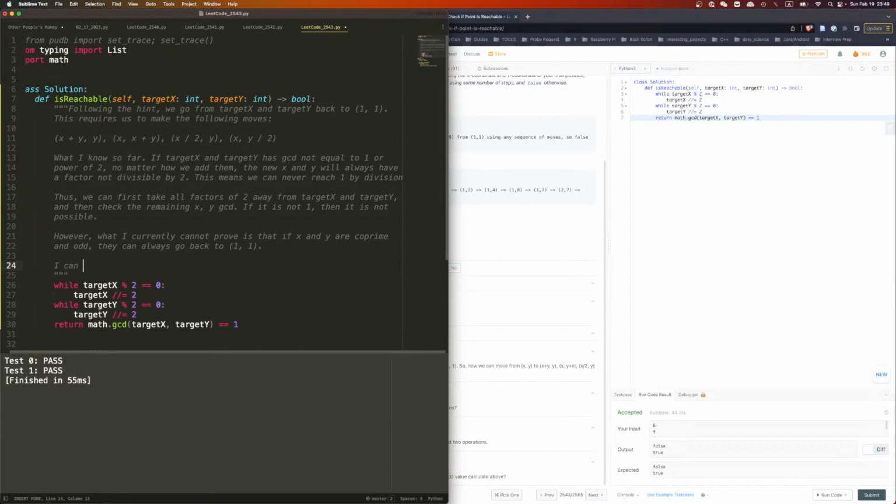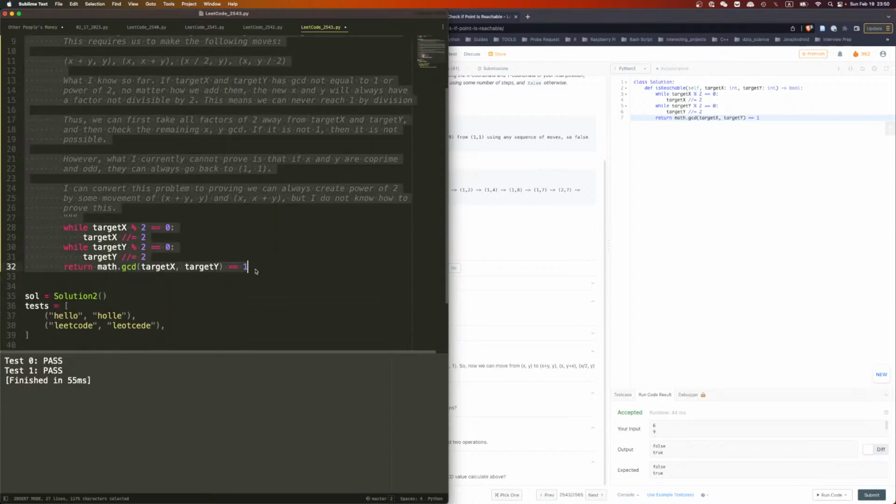I can convert this problem to proving we can always create a power of 2 by some movement of x plus y, y, and x, x plus y. But I do not know how to prove this.